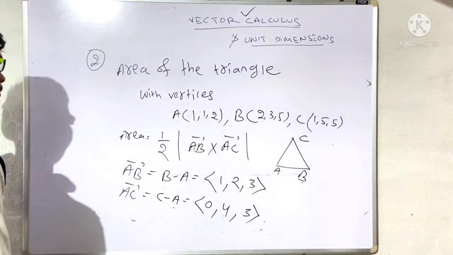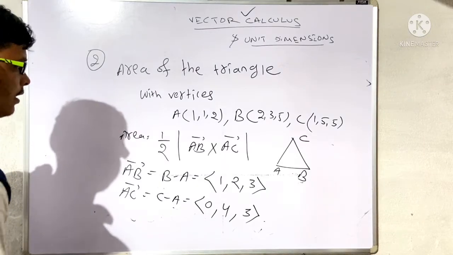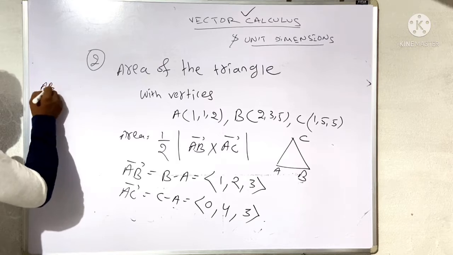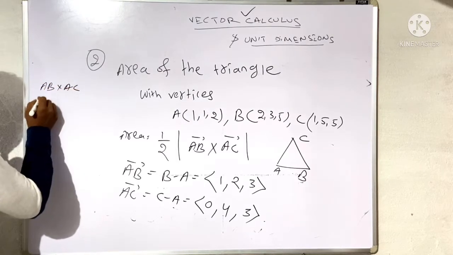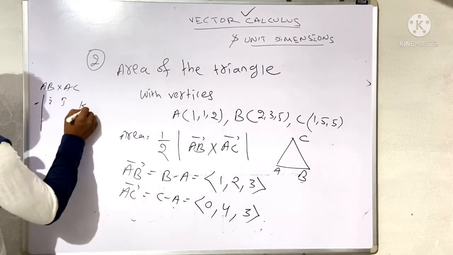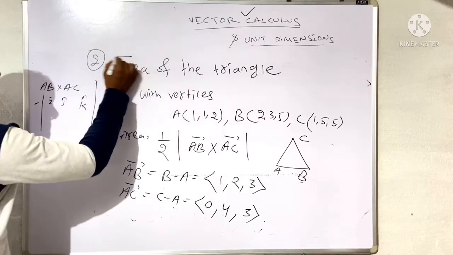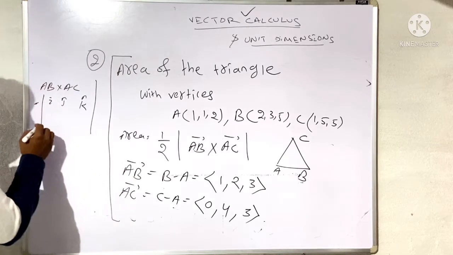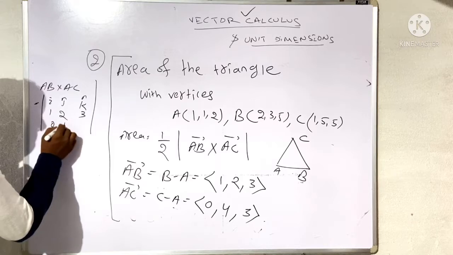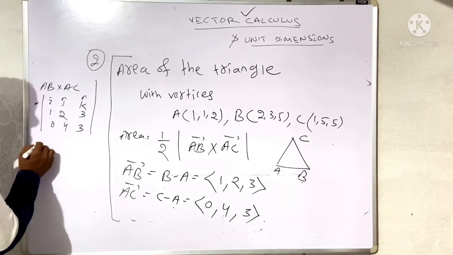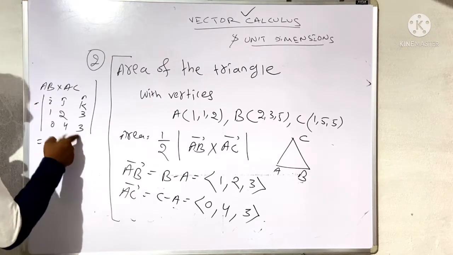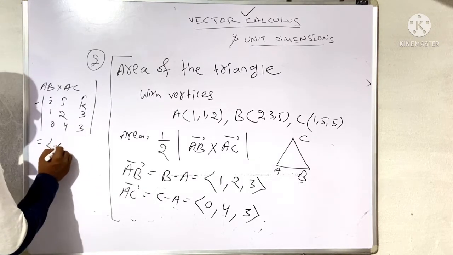Now what will we do? Do AB cross AC. How will you find AB cross AC? Use the determinant. If you don't know the determinant, then you will learn it in your math class. So do the determinant of i j k, 1 2 3, then 0 4 3. It gives 2 times 3 is 6 minus 12, so this is minus 6 i.